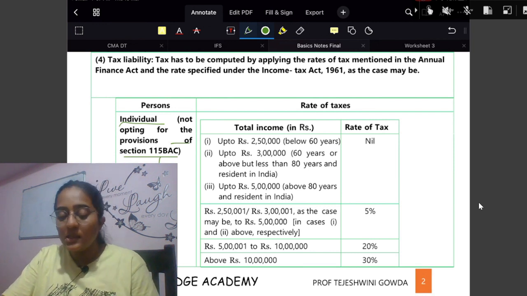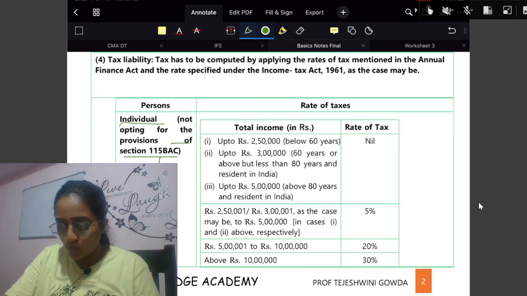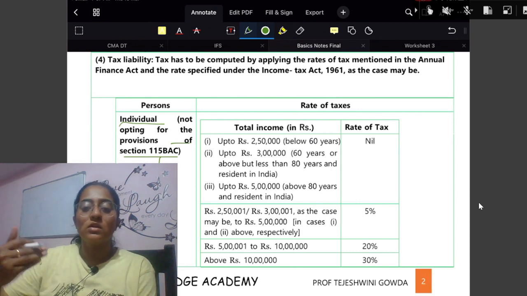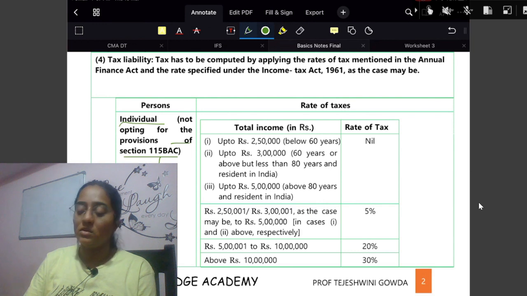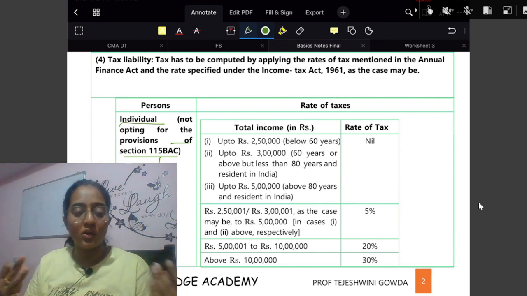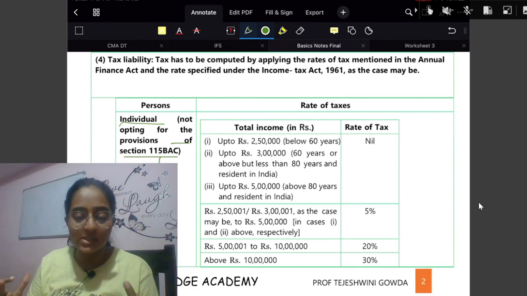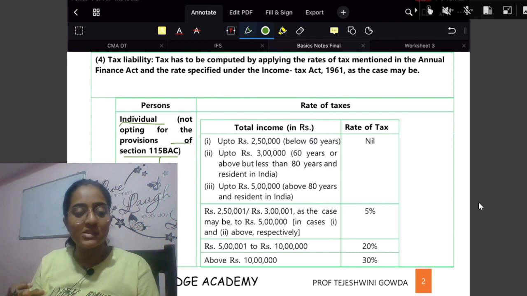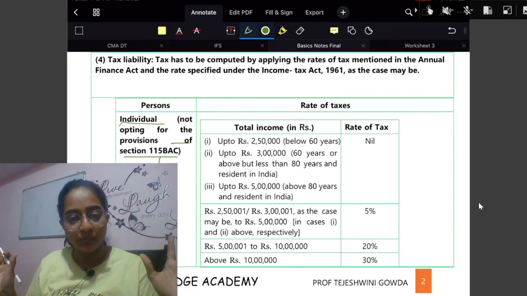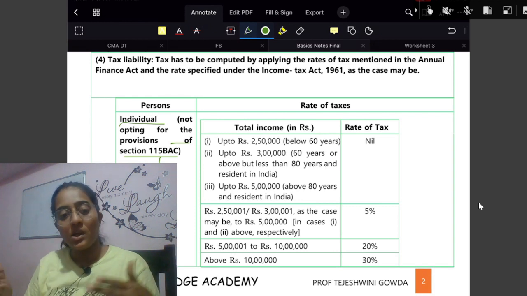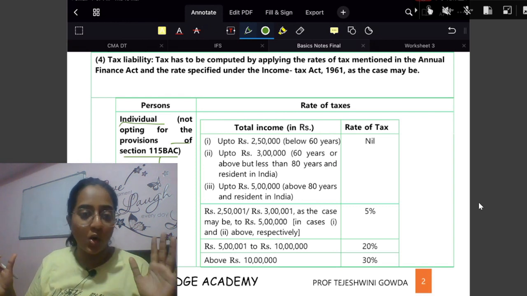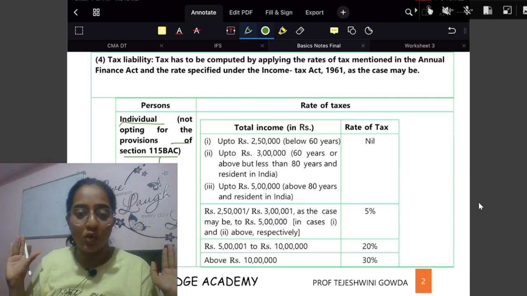It is an option given for individuals where they can opt for 115 BAC if they feel it is beneficial for them. If they feel they can pay less tax based on this regime, they can opt. Otherwise, they can stick to the old regime.